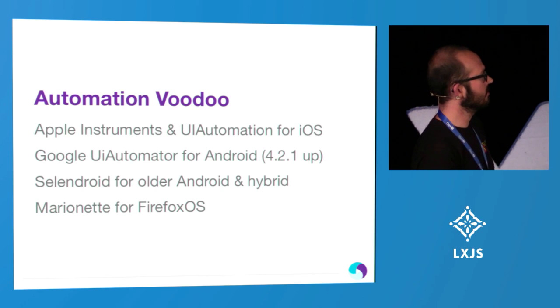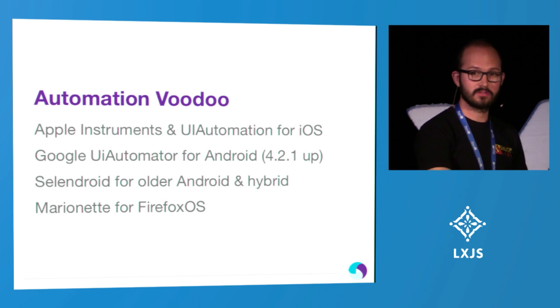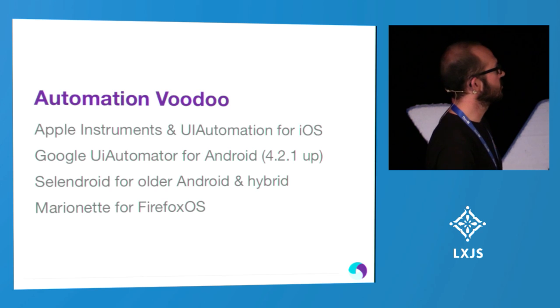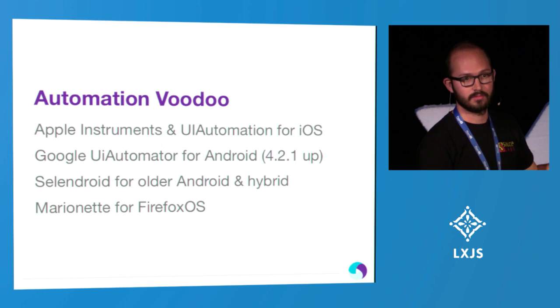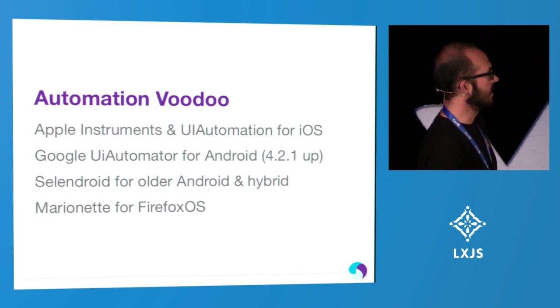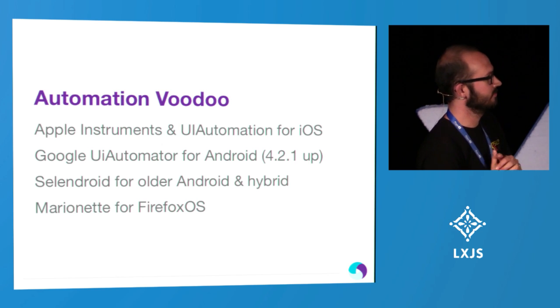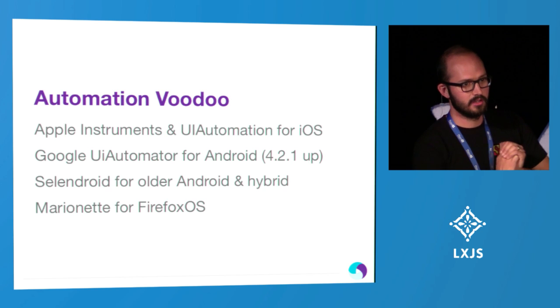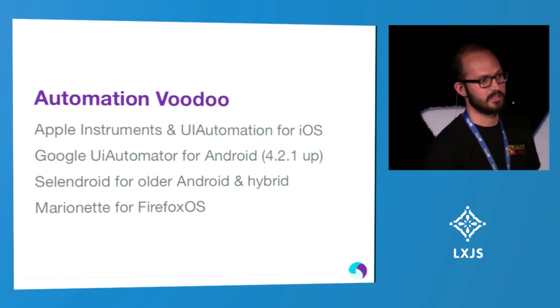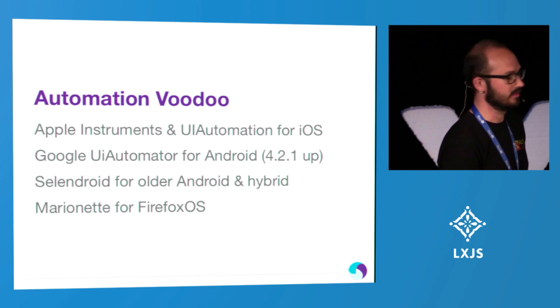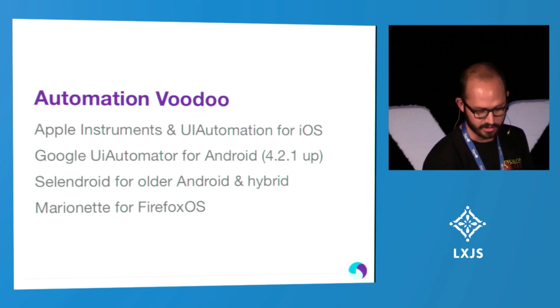Google has UI Automator for newer devices and instrumentation for older devices. So we use another project called Selendroid for getting access to automation on older Android devices. And then in a very awesome and, in fact, sane way, Mozilla provides WebDriver support natively in Firefox OS through Marionette. So that was the easiest by far to integrate.